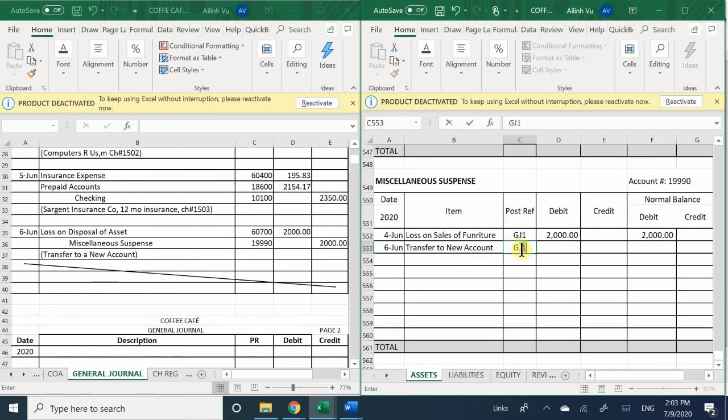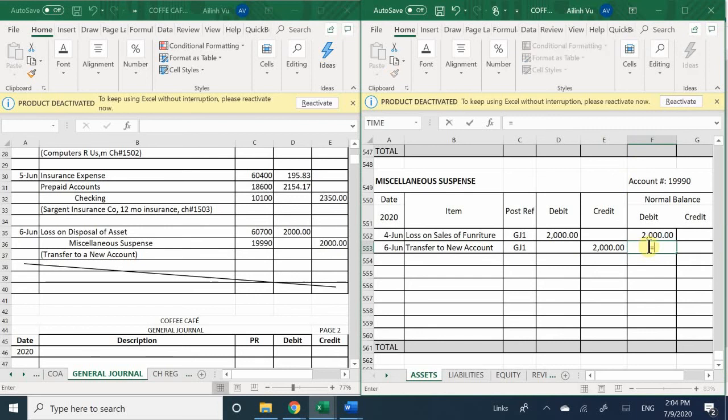So general journal number 1. And this time, did we debit or did we credit this account? Credit. We credited the account. So now it should be minus 2,000. And when we do that, same thing. This formula is going to be equal, for Excel.